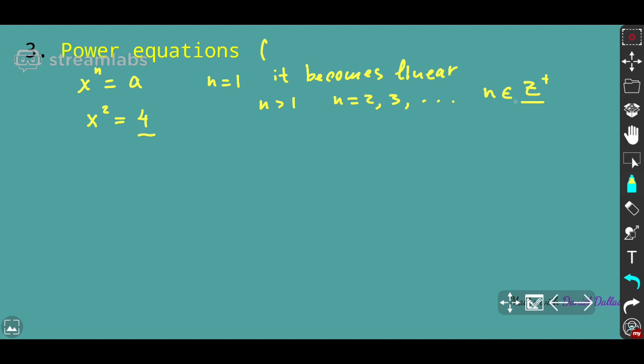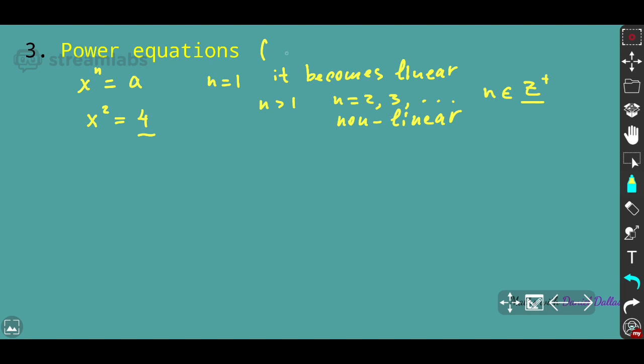That's how I denote positive integers. In this case, I simply want to notify that 2, 3, and other powers will give you different types of equations, but definitely not linear. So it becomes linear for n equals 1, but for n equals 2, 3, and so on, it becomes non-linear for those values of n. Okay?